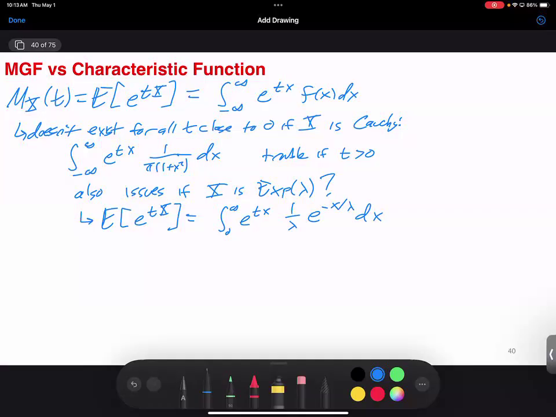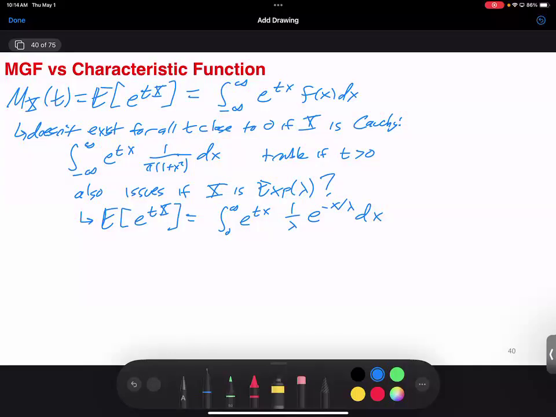What do you think? If t is negative, is the integral going to be okay? Will the integral converge if t is negative? Yeah, all the exponentials will have negative. So everything is going to be fine if t is negative. What if t is positive?